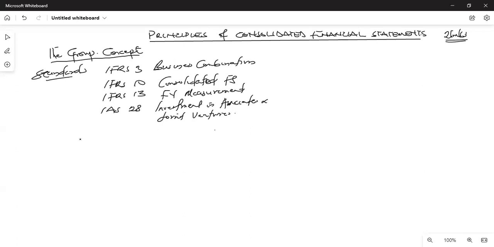So we are talking about companies coming together. But there are keywords like associate, which you've already heard, and keywords like subsidiary, all right? But they are all coming from these two points of view. Number one, there is a concept of a parent and the subsidiary and associate, which is stemming from these two basic concepts.